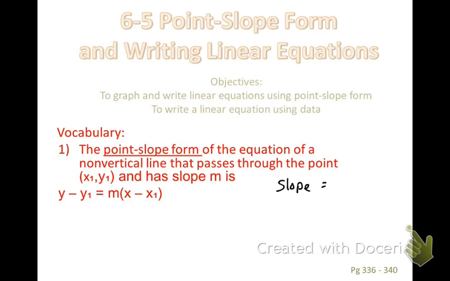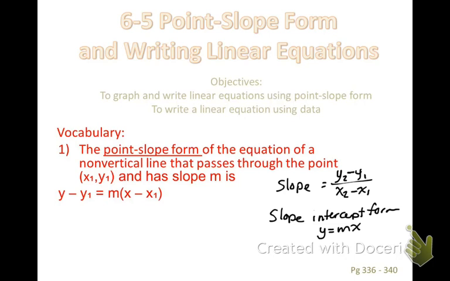We have to remember how to find slope in formula form, and that would be y2 minus y1 over x2 minus x1. And then you have points, slope-intercept form, and that is y equals mx plus b.